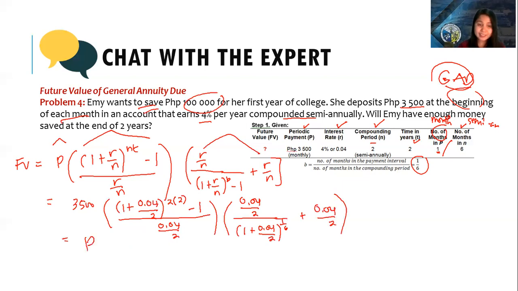Using your calculator, the future value is 87,560.82. You can pause this and check with your calculator.